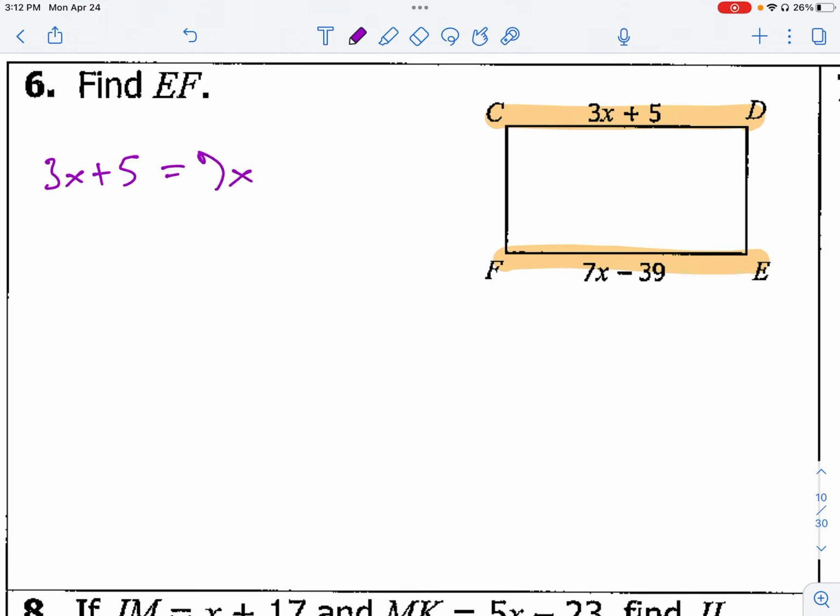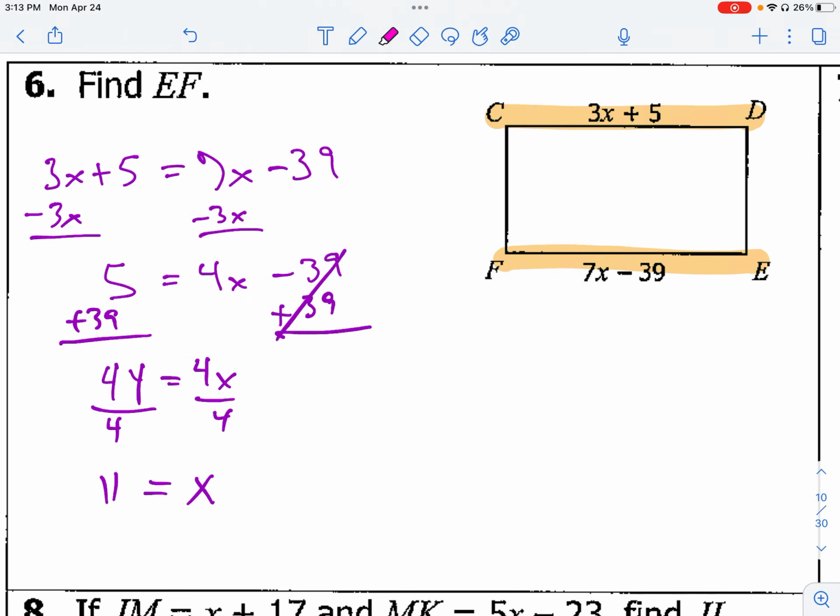We're going to get the x on the same side. Then we're going to get the x by itself. And end up with 44 equals 4x, and x equals 11.